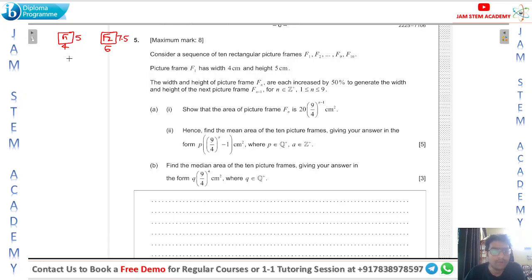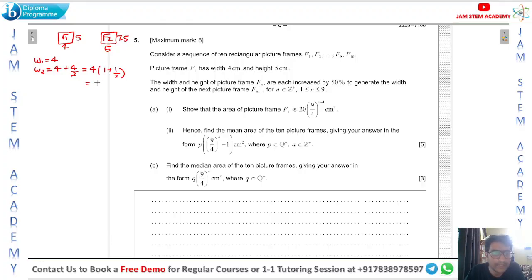But what is the common factor by which the width and the height are changing? Basically, width 1 is 4, but width 2 is 4 plus 50% of 4. So what is that? 4 plus 4 by 2. I can say 4 times 1 plus 1 by 2.